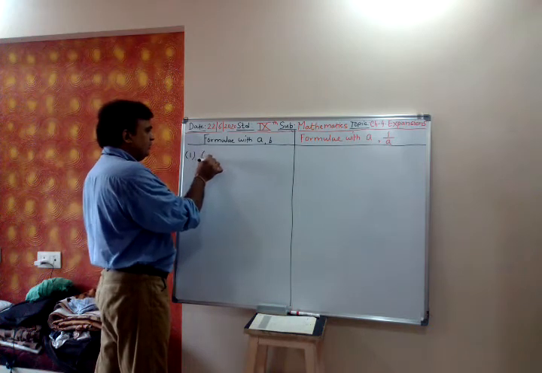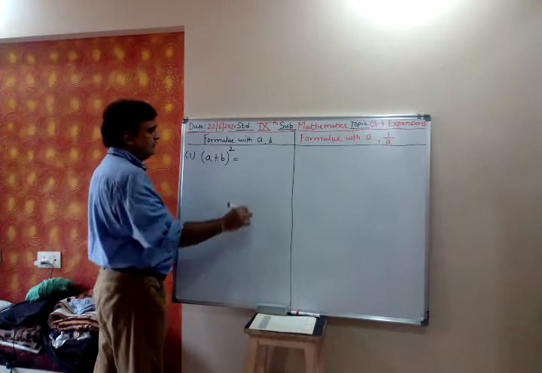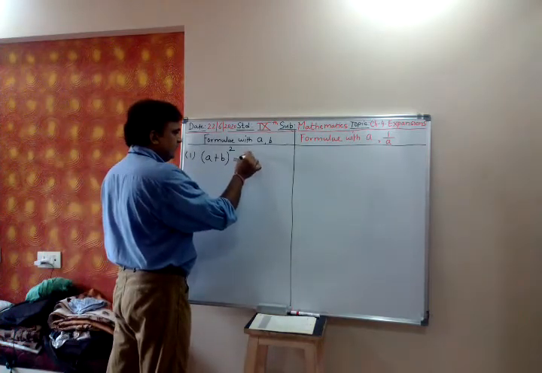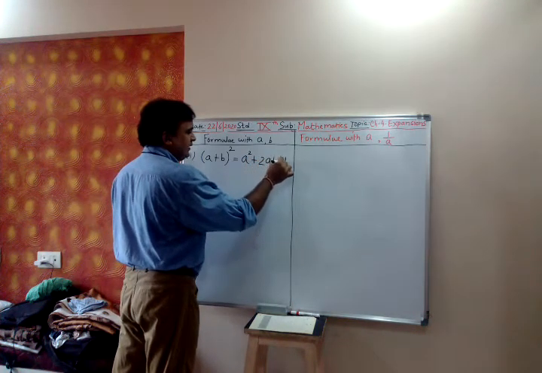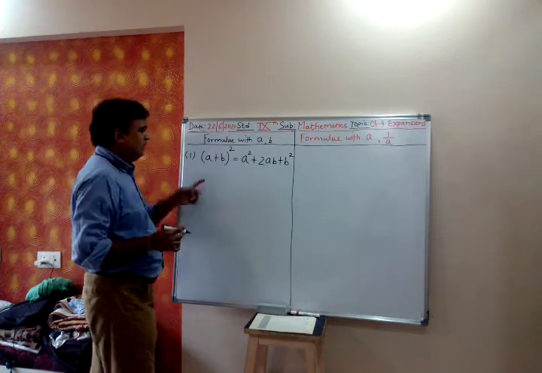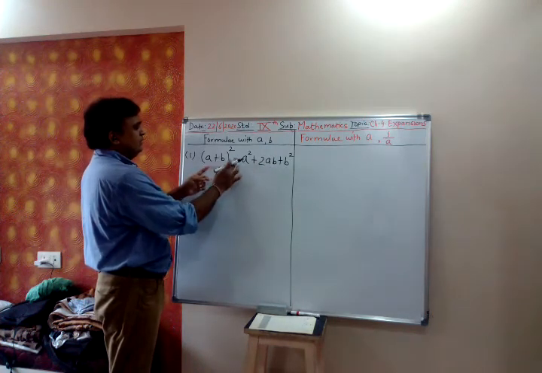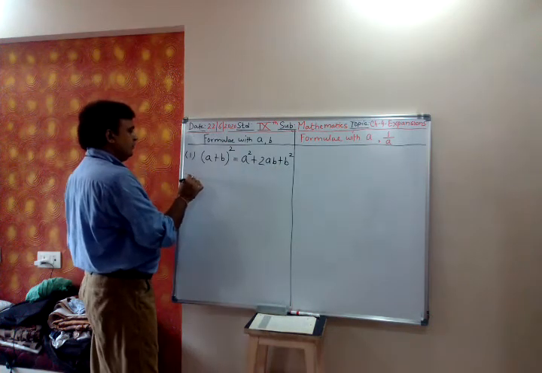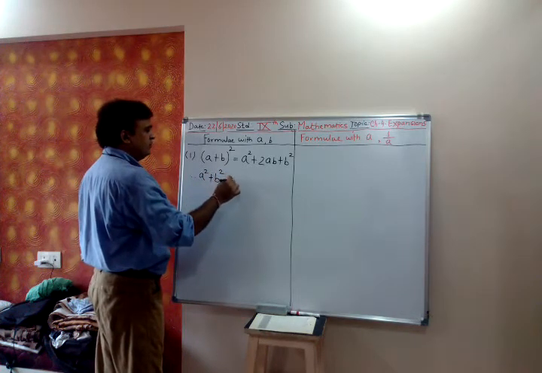First, a plus b whole square, that is a square plus 2ab plus b square. So now when I take 2ab on this side, we get the formula for a square plus b square.